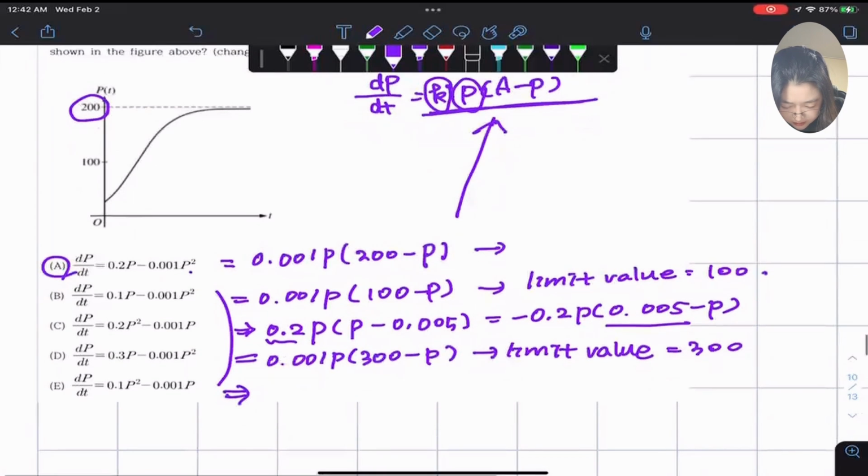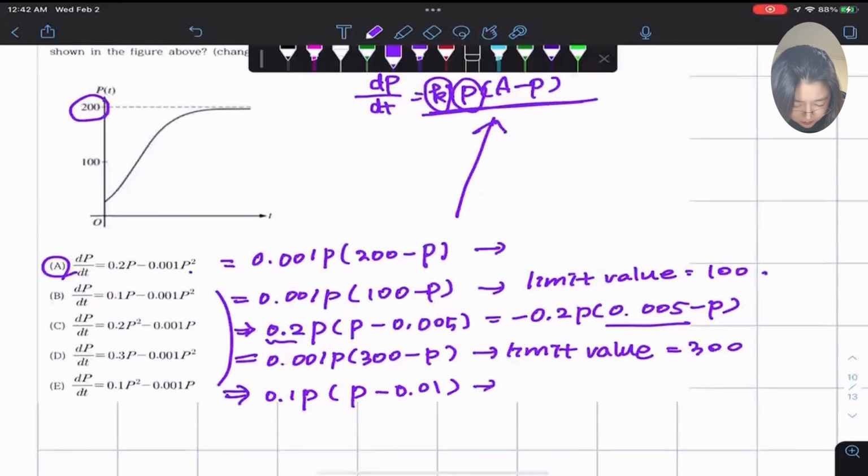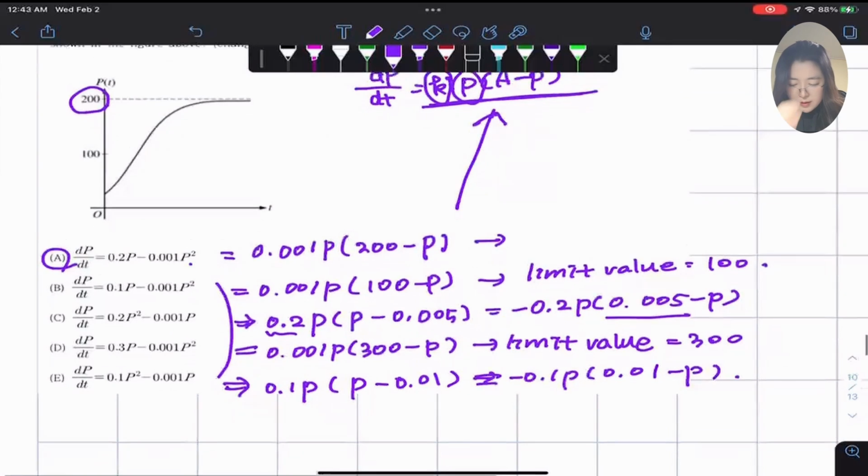In this case, extract P and 0.1, so extract minus P, 10 minus P. Okay.